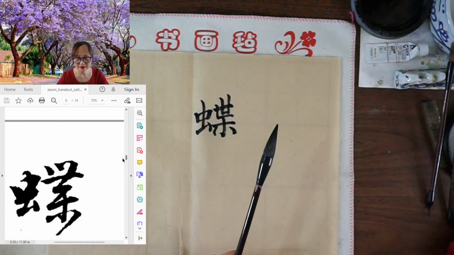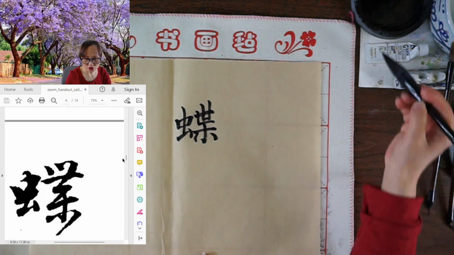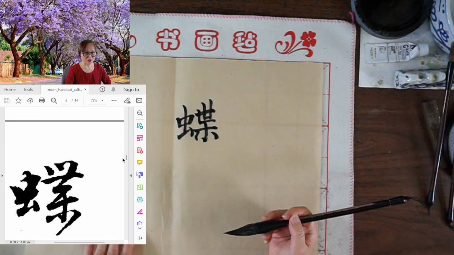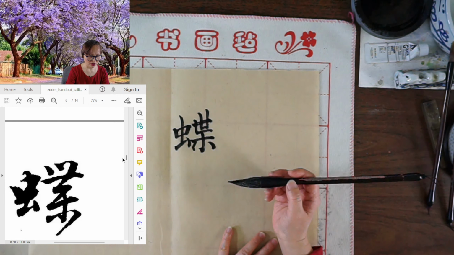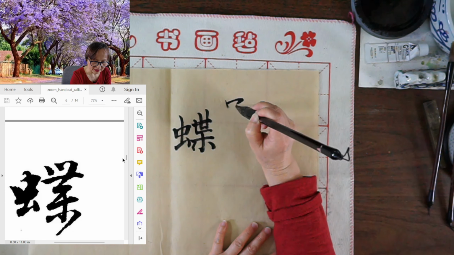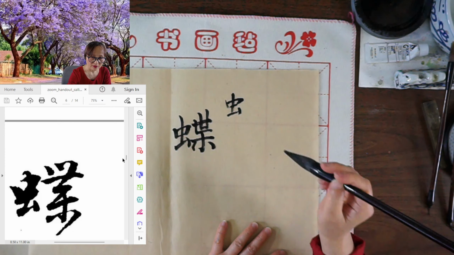Okay, and the walking style changes the order, right? The left part looks like a lot of change, but actually doesn't change that much. So the stroke by stroke is like that, right? And put them together.